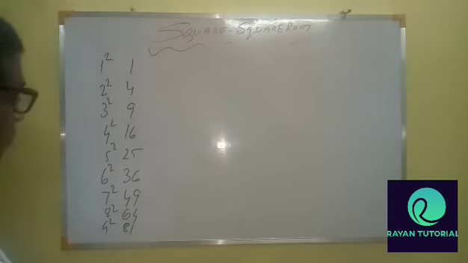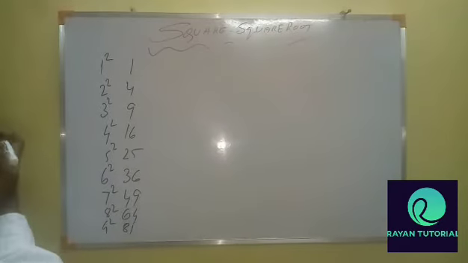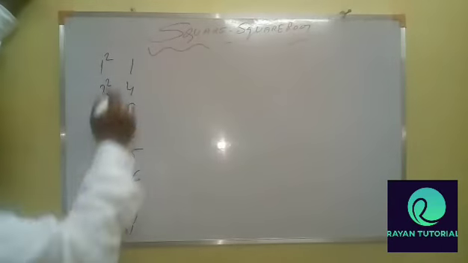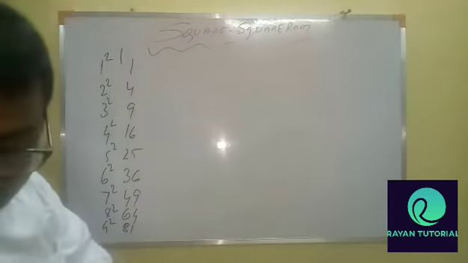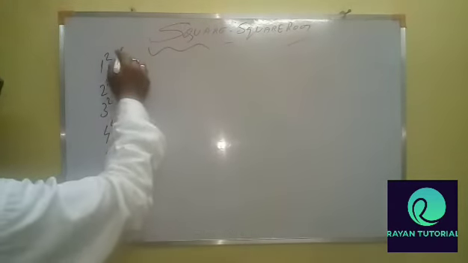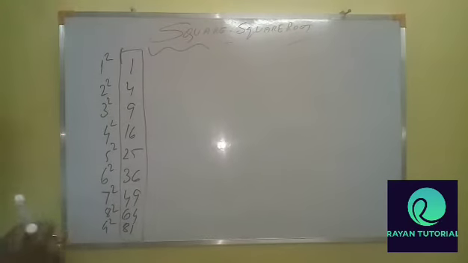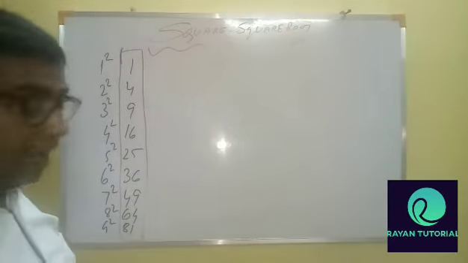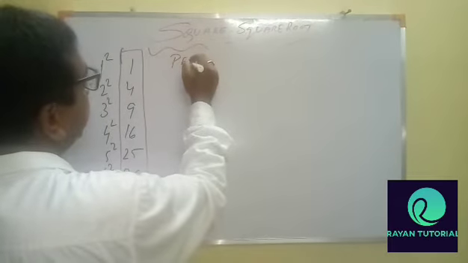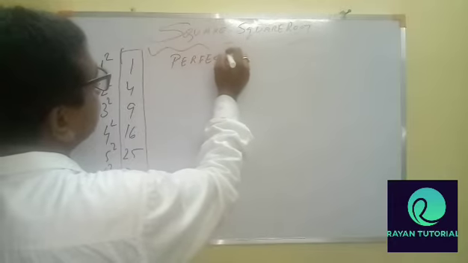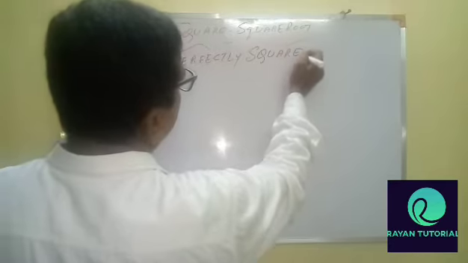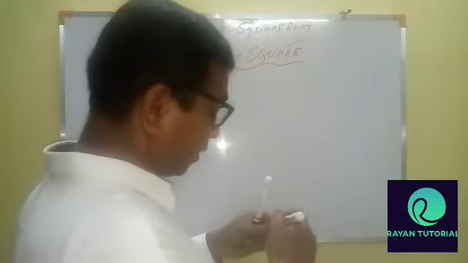Now, see, from here, what are the numbers? These are the squares, right? So these all are the squares. Can you tell me which square numbers? Okay, previous to that, let us know what are called perfectly squared numbers, or perfectly square, or perfect square.